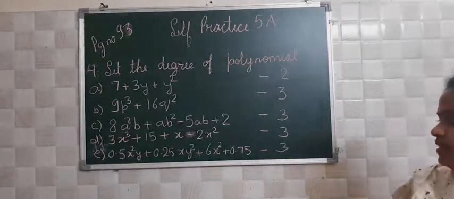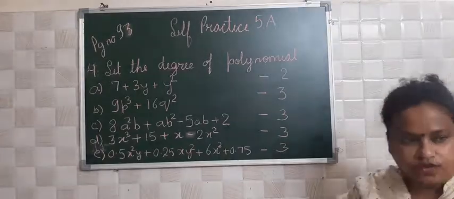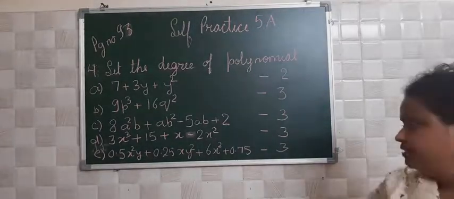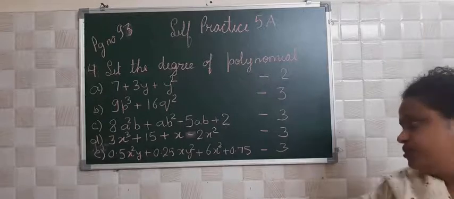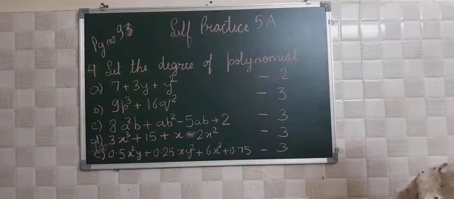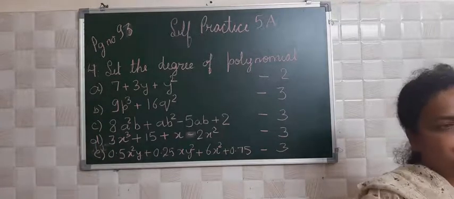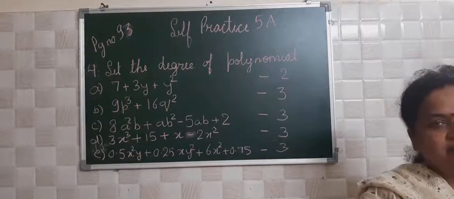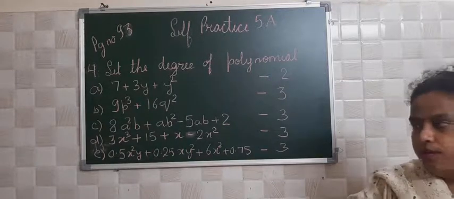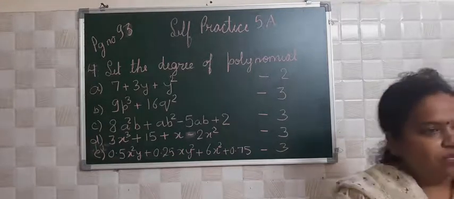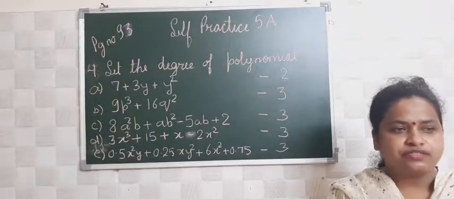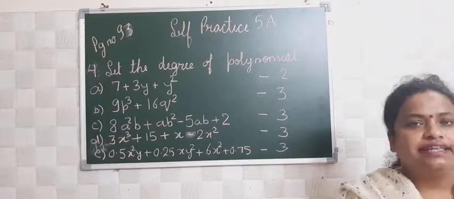Then see the E part, 0.5x square y plus 0.25xy square plus 6x square plus 0.75. There you see in the first term and second term the degree is 3. The highest degree of this equation is 3. So, is it clear to you all? If you have any doubt, you can clarify your doubts. Now, come to the next part.